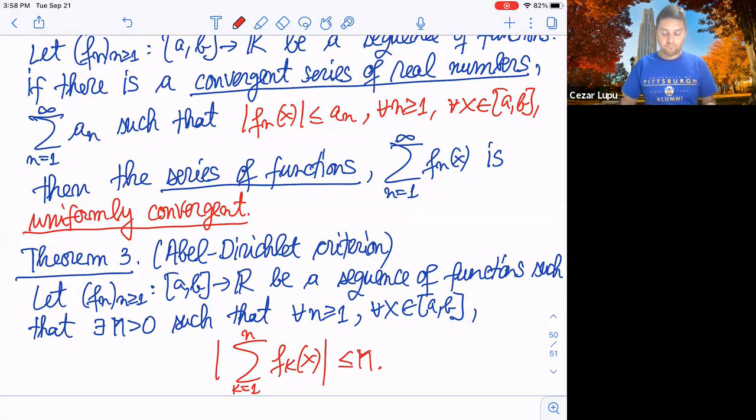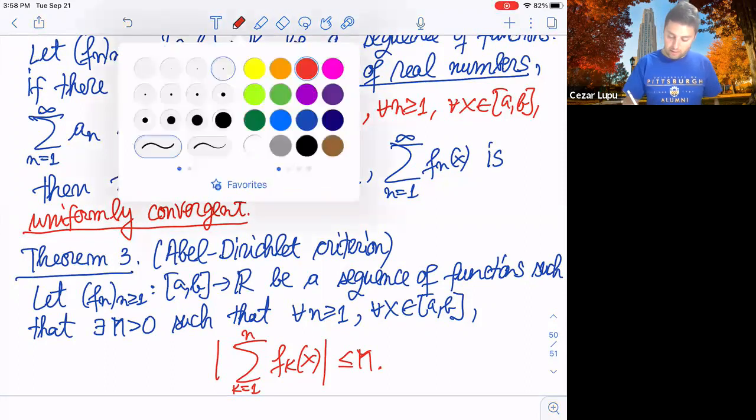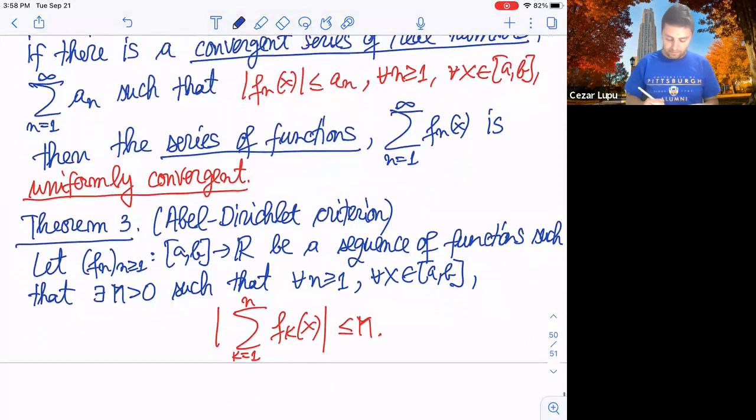All right, great. And now let me consider another sequence of functions.